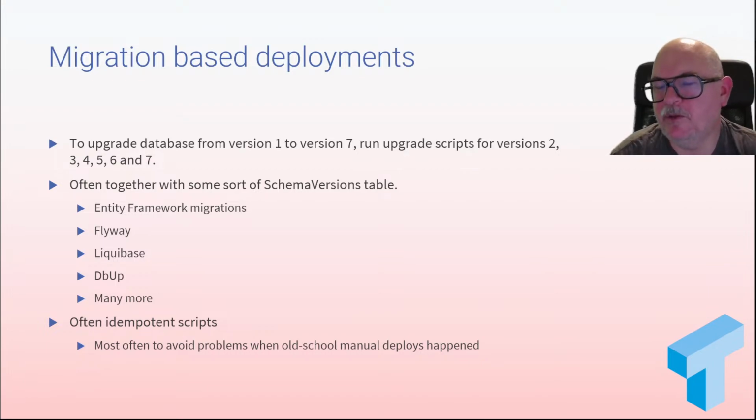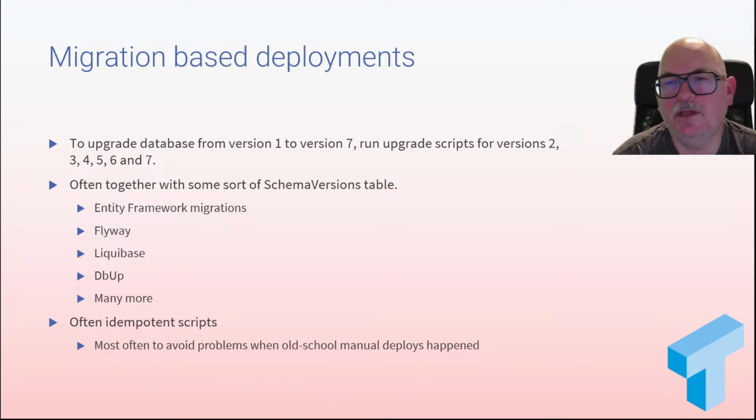And most of them use some kind of schema version table. So it writes to a schema version table which version it just upgraded the database to. But since you can never trust your clients or customers or anyone else, you should always check for existence and use idempotent scripts.